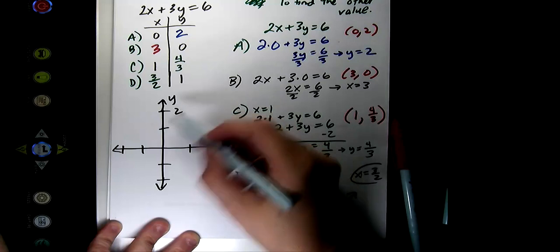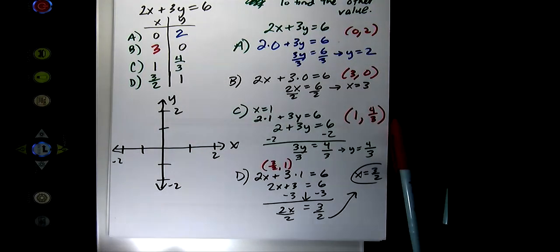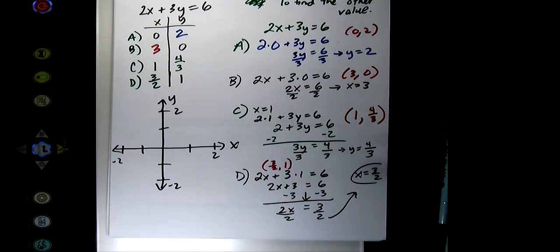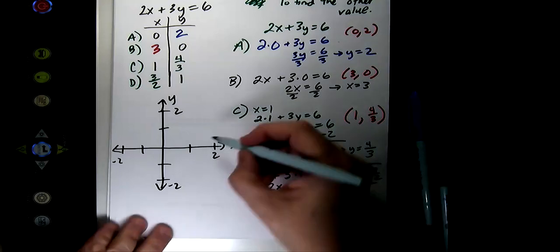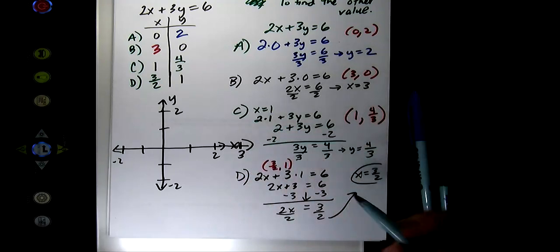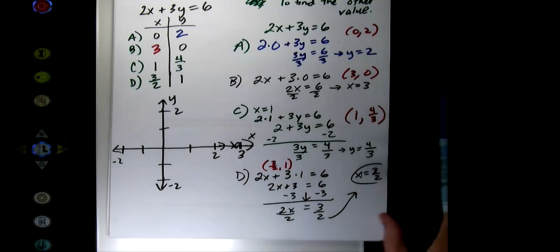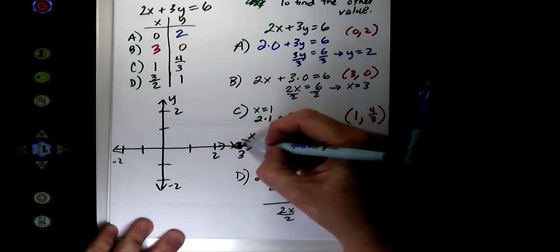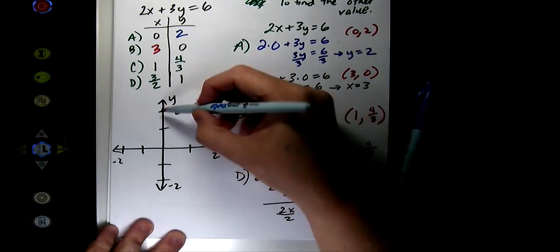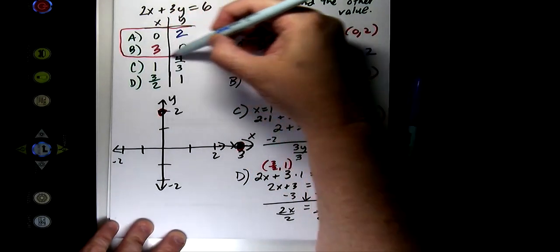Oh, I was wrong. This goes over to 3 right here. So I have 3, 0, and 0, 2. Those are my top 2 points.